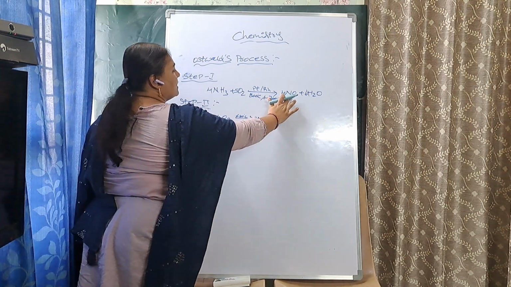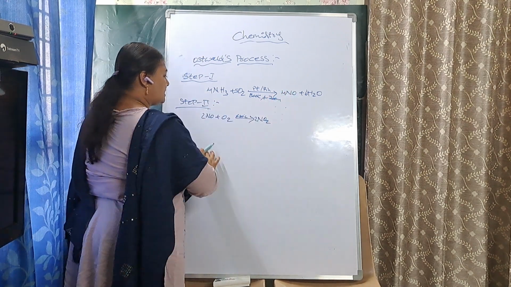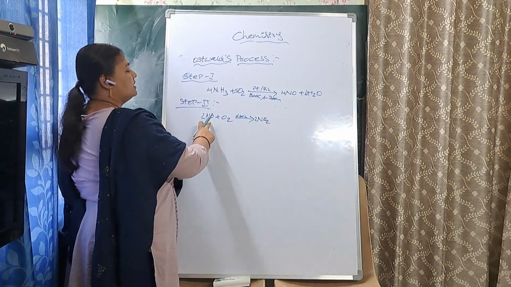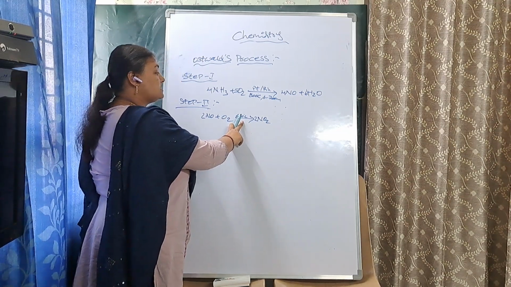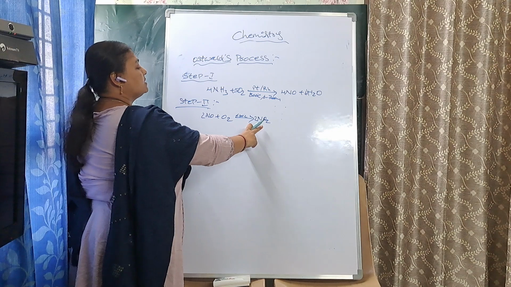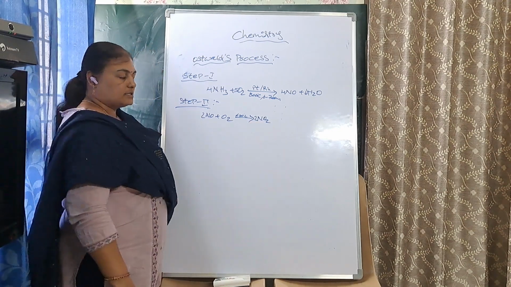Now in step 1 we got nitric oxide. Whenever this nitric oxide reacts with oxygen in the presence of less than 100 degrees temperature, we get nitrogen dioxide.